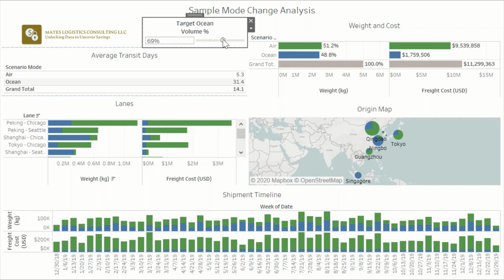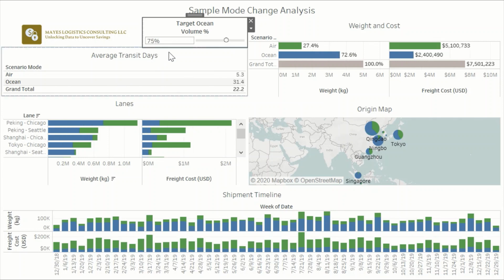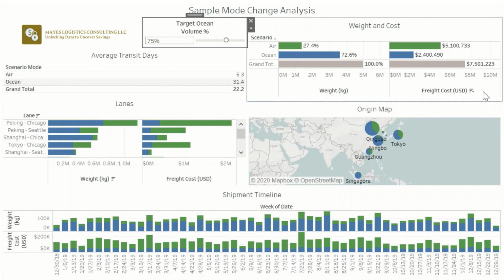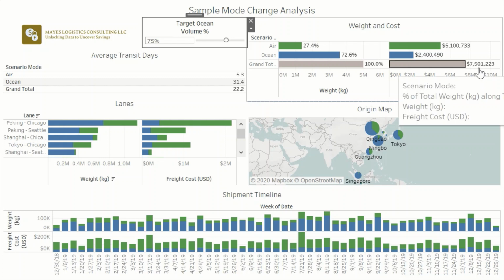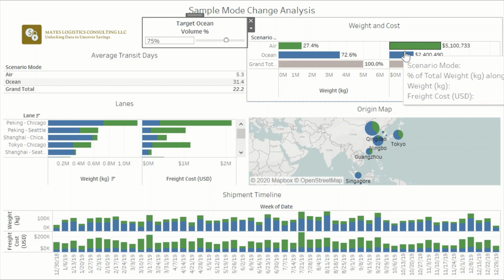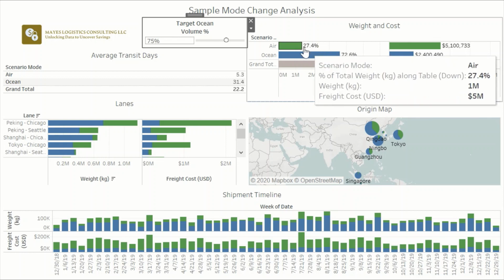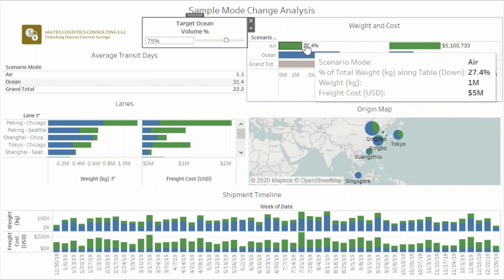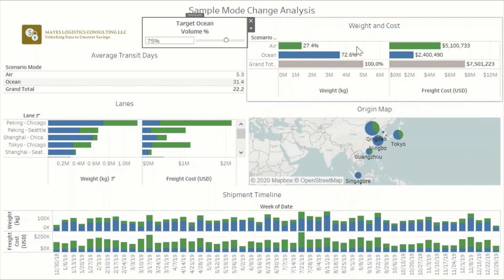So what happens if we shift 75% of volumes to ocean? In this case, your total freight cost is going to drop to 7.5 million. And most of that spend is still on air shipments, even though we've decreased the total volume flowing via air to about 27% in this modeled scenario.